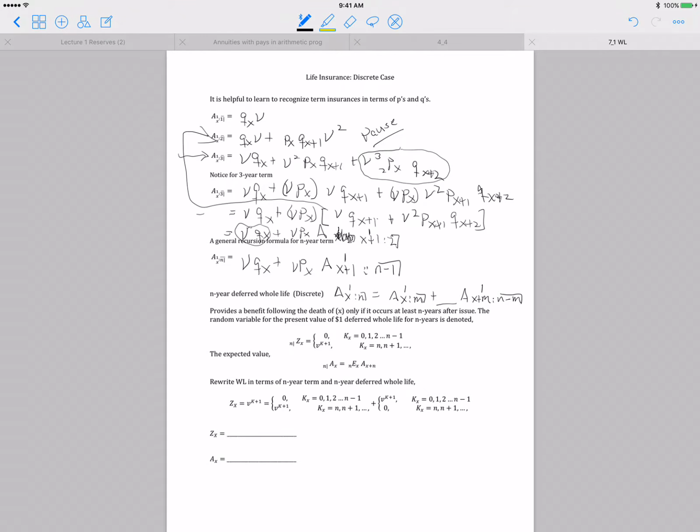Okay, so why did I leave this blank space here? Because this is issued at age x plus m, and so I need to discount it back with interest and survivorship m years. And so this is what my recursion formula would look like if I wanted to use m-year term insurance rather than 1-year term insurance, as I have above.